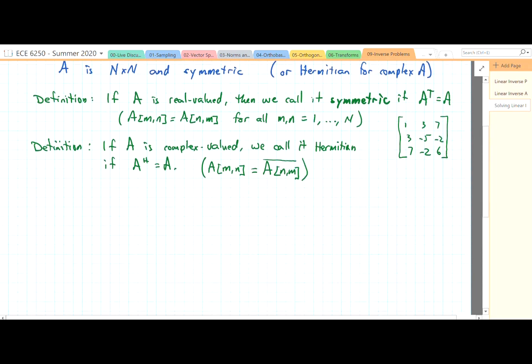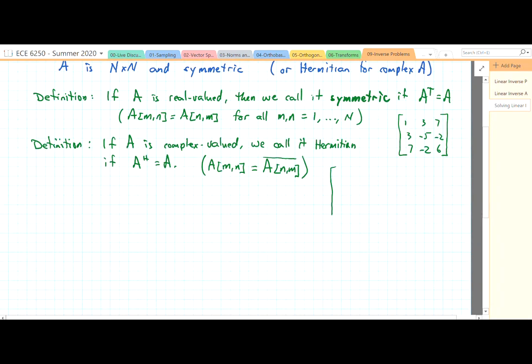So an example of Hermitian might be 1, 3 plus j2, 1 minus j3, this would be 3 minus j2, minus 5, minus 6. Notice the diagonals have to be real because they have to be their own conjugates.